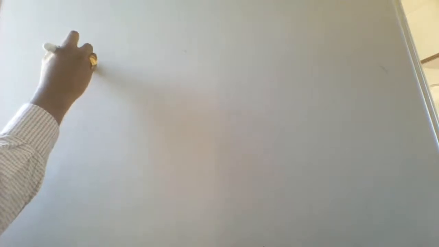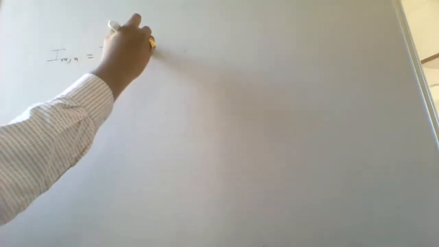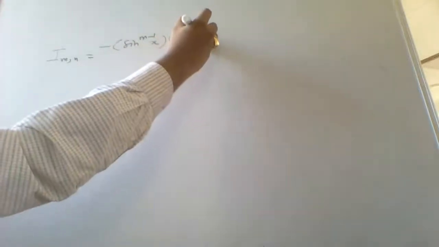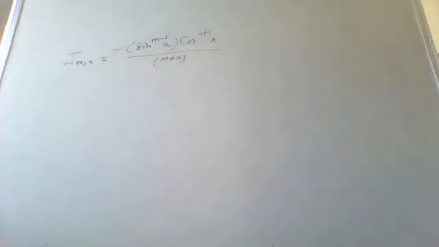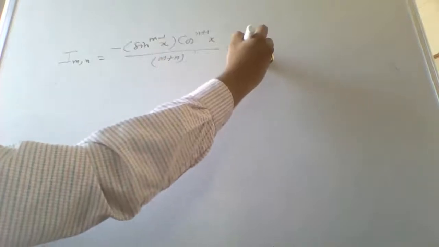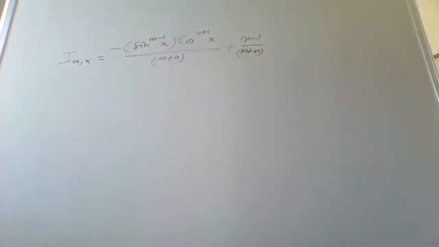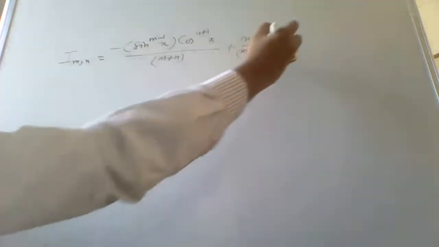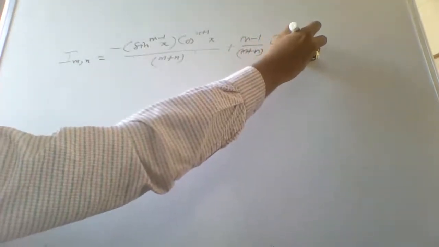I arrive at this formula: I m comma n equals minus sine to the power of m minus 1 into x cos to the power of n plus 1 into x divided by m plus n, and we have the other term also, plus m minus 1 divided by m plus n, I m minus 2 comma n.